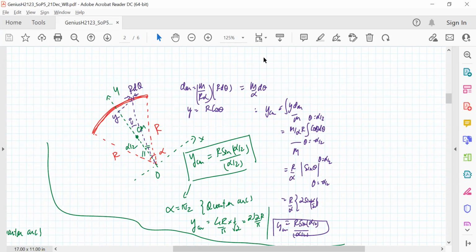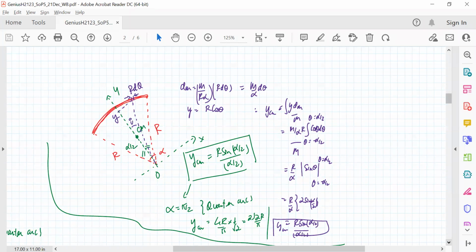So once again, you can see that the angular bisector, which I've taken as my y-axis over here, is bisecting this angle alpha into two equal halves, alpha by 2 and alpha by 2. So that is the symmetry axis. Okay. So because that is the symmetry axis, the center of mass lies on that axis at a y coordinate given by this formula, integration y dm divided by total mass. Okay. So the method of derivation is very similar to how we did it for the semi ring yesterday.